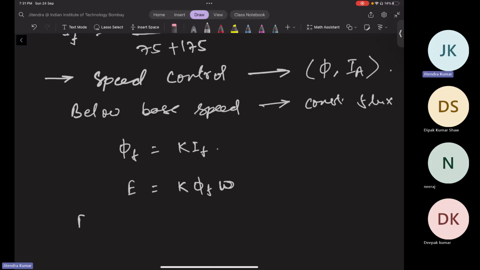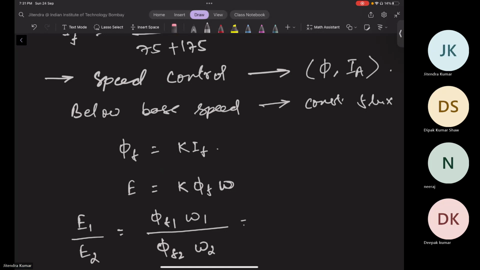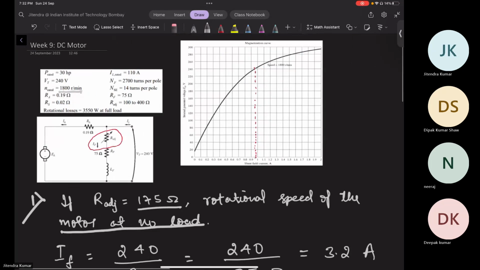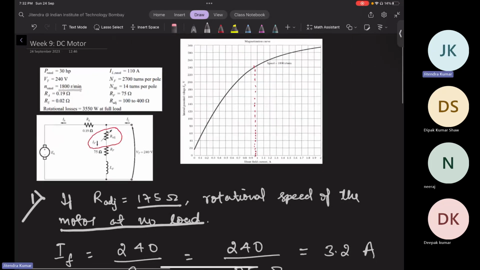So we have two cases, E1 by E2 equal to phi f1 into omega 1 divided by phi f2 into omega 2, which will be again directly proportional to IF1 into omega 1 divided by IF2 into omega 2. So in the first case, it is given 240 volt, right?